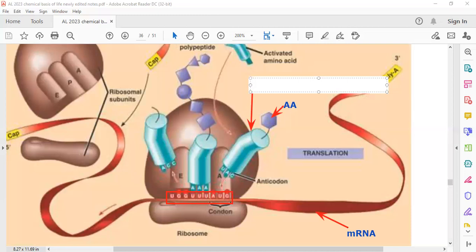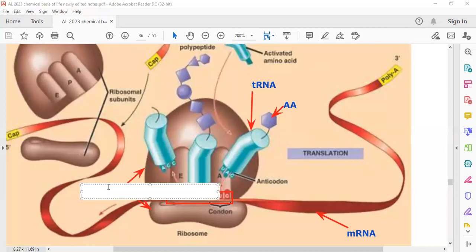It is tRNA. It brings the amino acids. When amino acids come, you can see these ones are ribosomes. What is the RNA there in the ribosome? That is called rRNA. That is the ribosomal RNA.